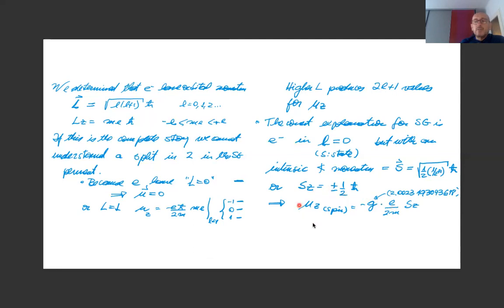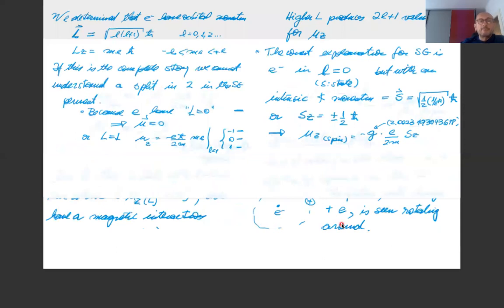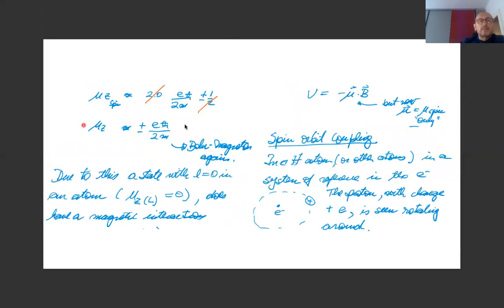And so this is the relation: we can define a magnetic moment for a particle only with spin in this way. So it means that if we put this in a magnetic field, we will have a difference in energy. The magnetic moment associated with a particle with spin will be plus or minus eH over 2m, and this is the Bohr magneton again.